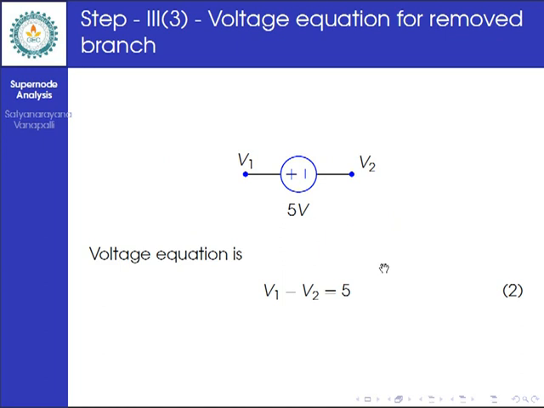After that, you write the voltage equation for the removed branch. The removed branch contains a 5 volts independent source, and it was connected between node 1 and node 2, where node 1 voltage is V1, node 2 voltage is V2, and the positive terminal of the source is connected to node 1, so that V1 minus V2 is equal to 5.